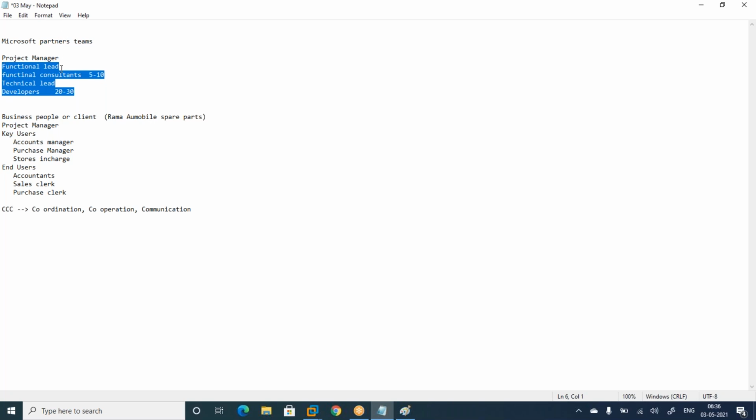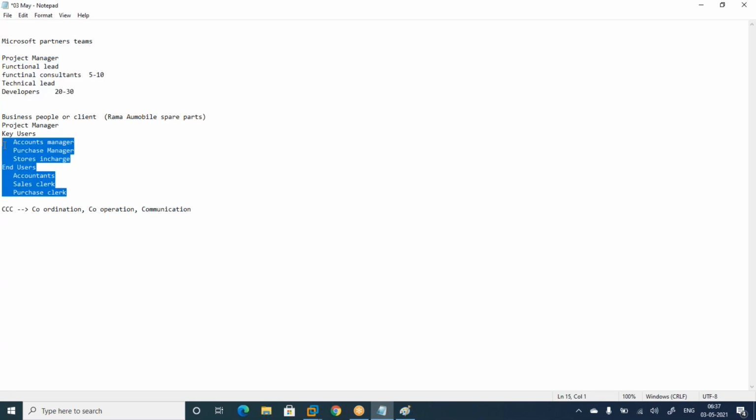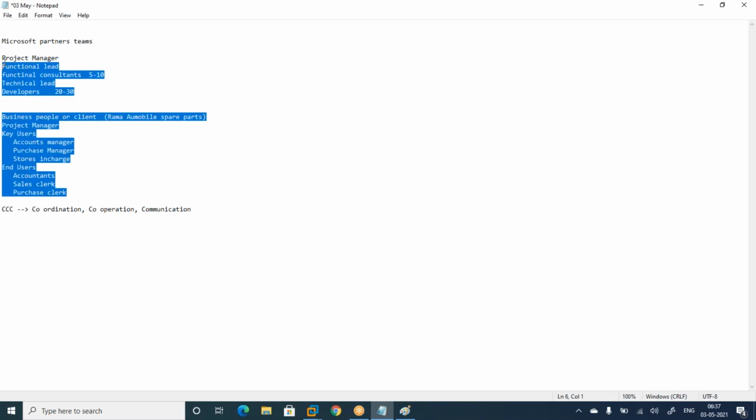See, within the team, if the coordination is not there properly, there will be chance of failure. And within this team also there should be coordination, and this team versus this team also there should be coordination. This coordination, cooperation, and communication should be there. Otherwise, the implementation may fail.